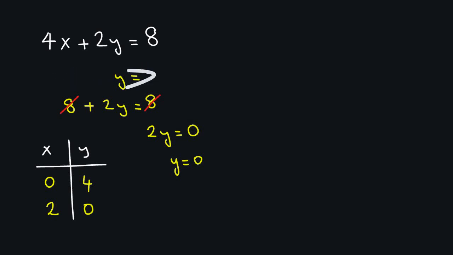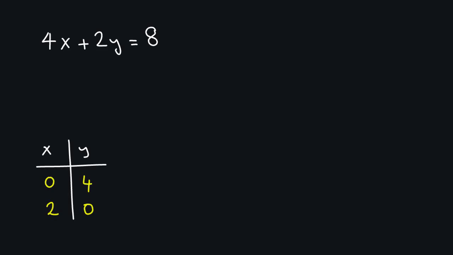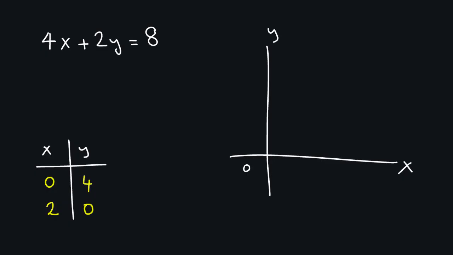So now I have the 2 points. So I will draw the xy coordinate plane. Let's say this is x, this is y, that's the origin. My first point is x is 0, y is 4, which means that the point will be on the y-axis. So that's 4, let's say, and that's also the point that I need. So it's 0 and 4.